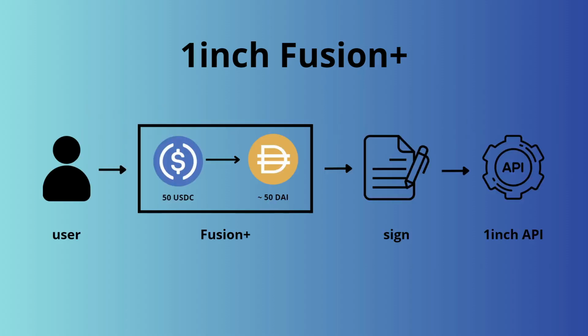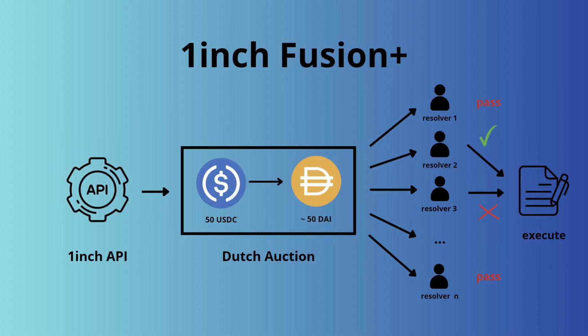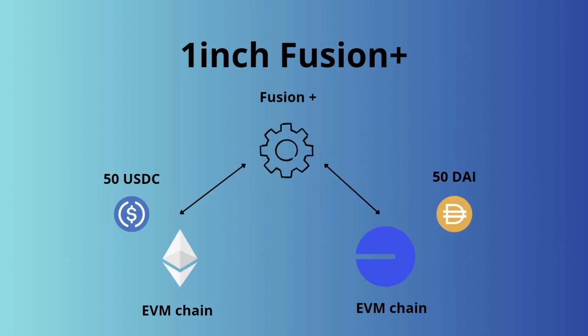So also in this case, we have a user that wants to swap USDC to DAI, signs this order, sends it to the 1inch API. Then the 1inch API performs the Dutch auction. There is a resolver that wants to fill the order and executes the swap.